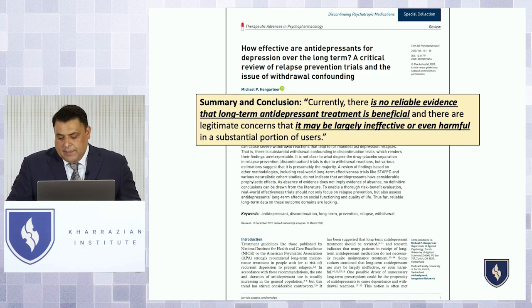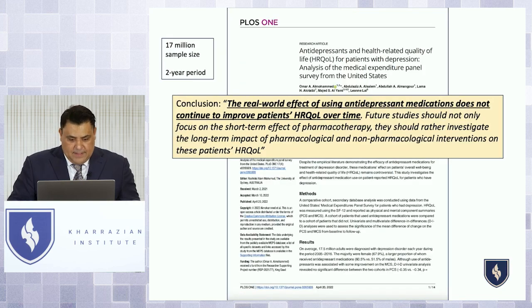And then this was followed by a recent study that was done 2022, which looked at 17 million sample size over a 2-year period. And what they found was the real-world effect of using antidepressant medications does not continue to improve patients' health-related quality of life over time.